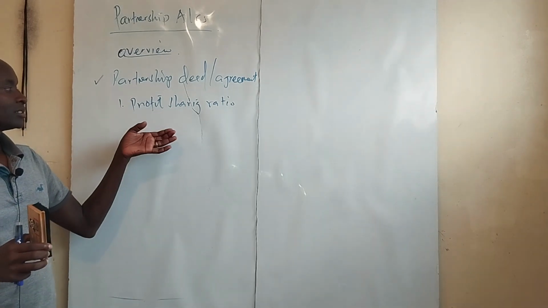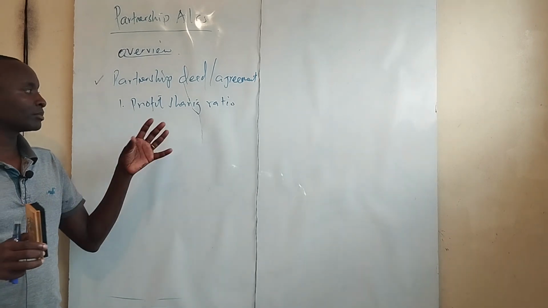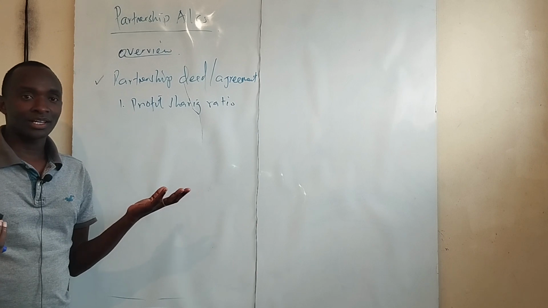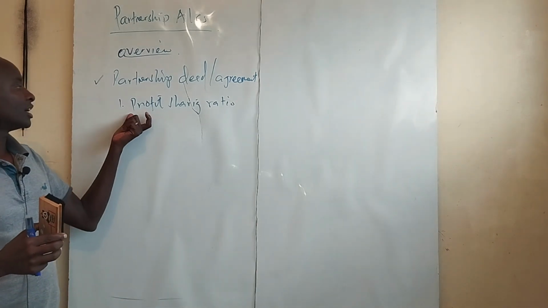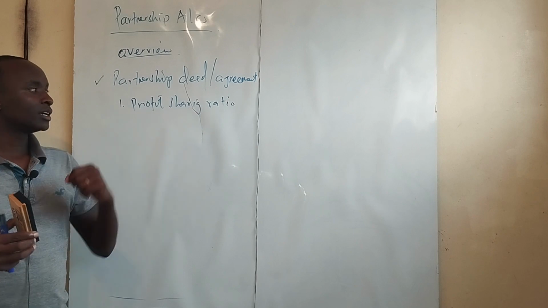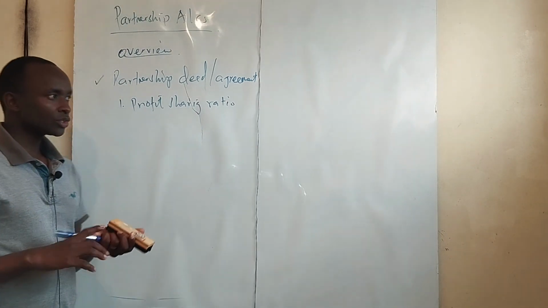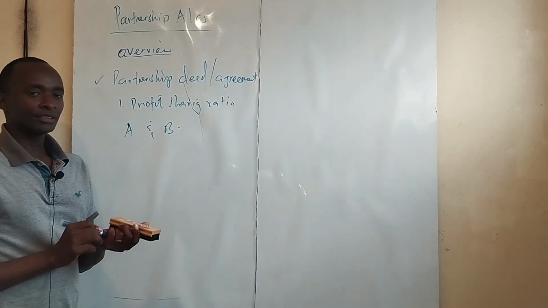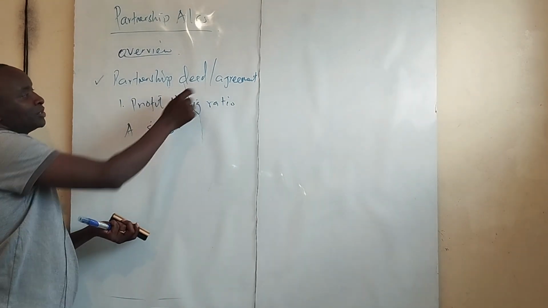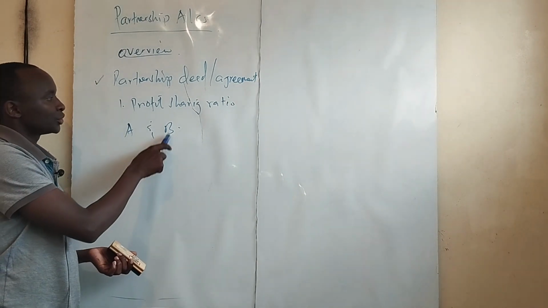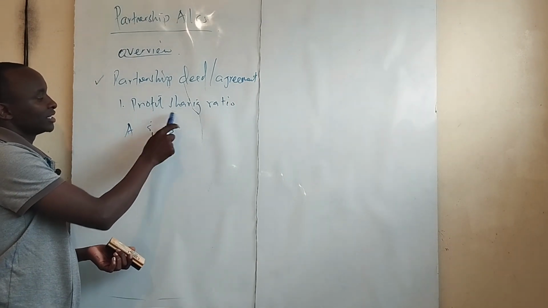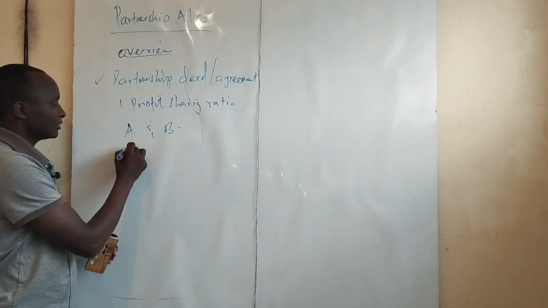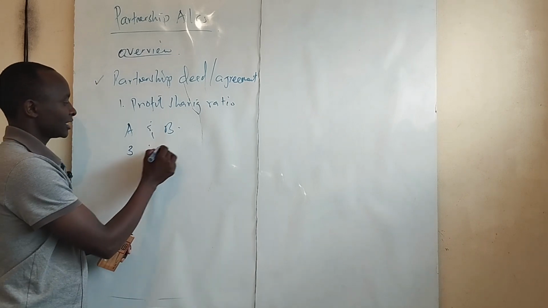This is a requirement for those registering partnership businesses, depending on the country you are in. In Kenya, you should have that partnership agreement that shows the profit sharing ratio. So let's say you have partner A and B, and the partnership deed must show that at the end of the financial year, these partners will share profits in a certain ratio. Let's say partner A will get 3 and the other one 2.